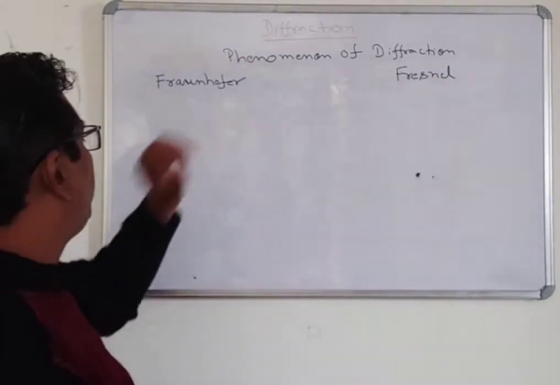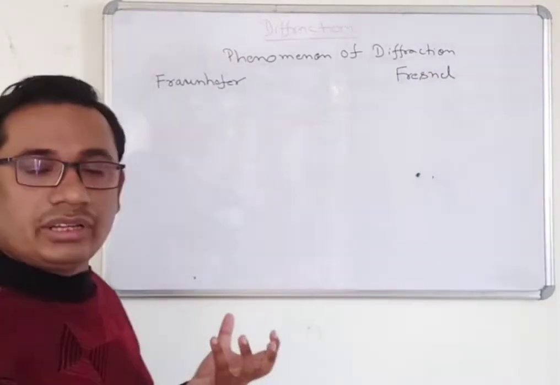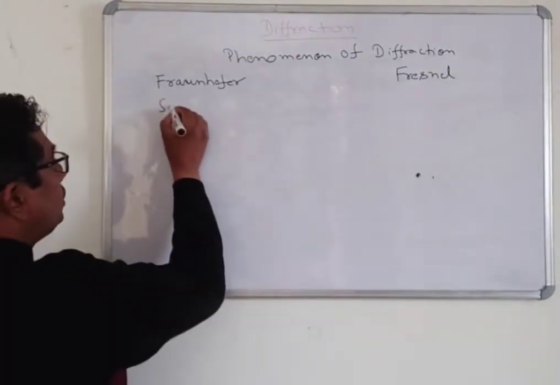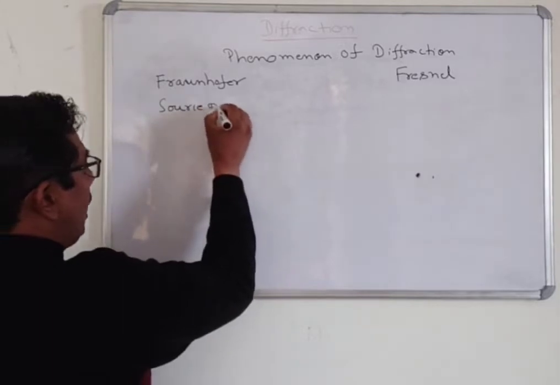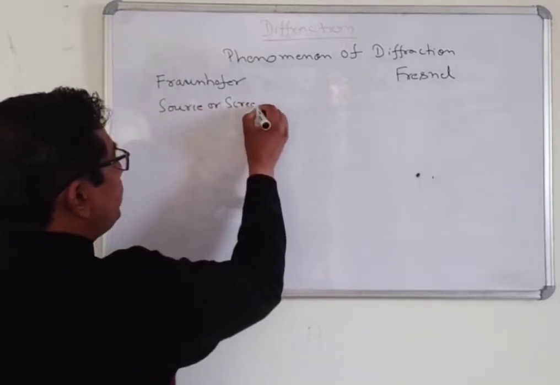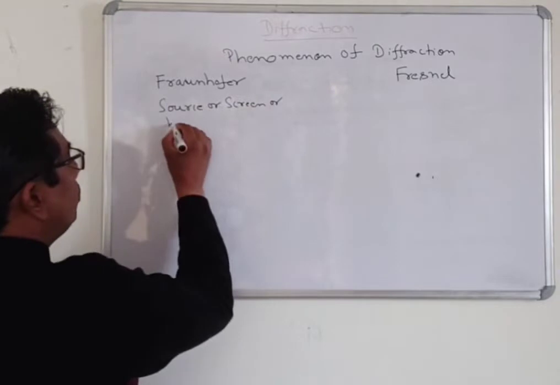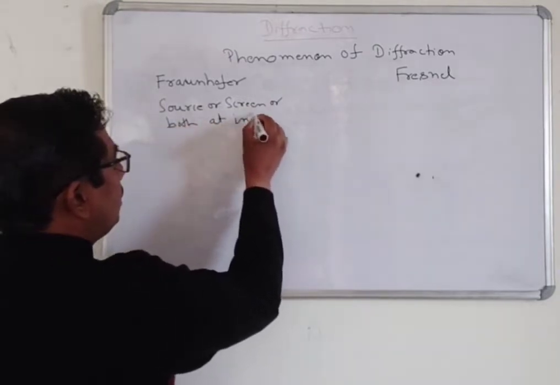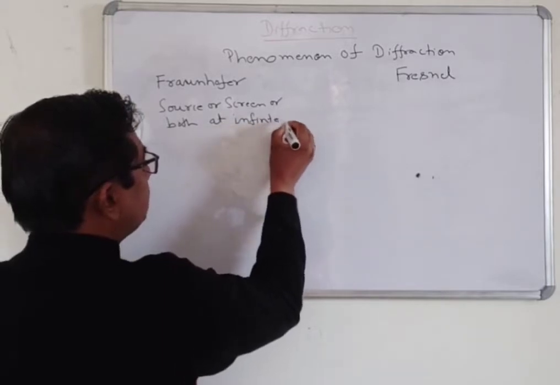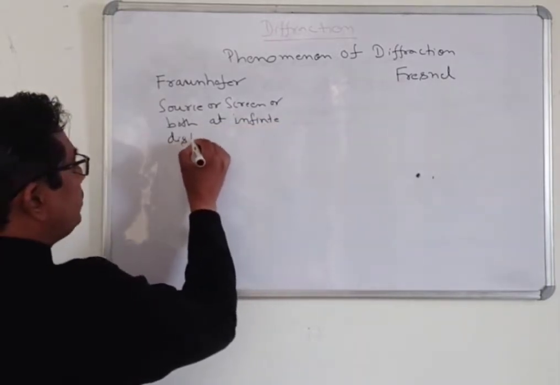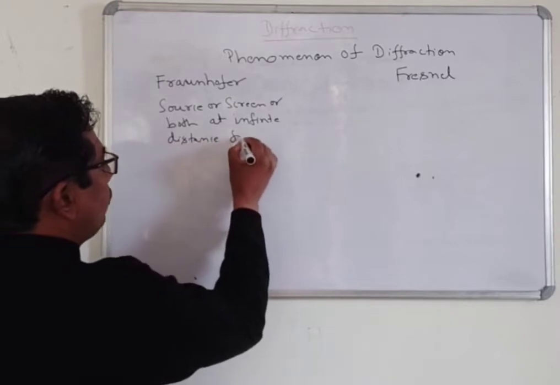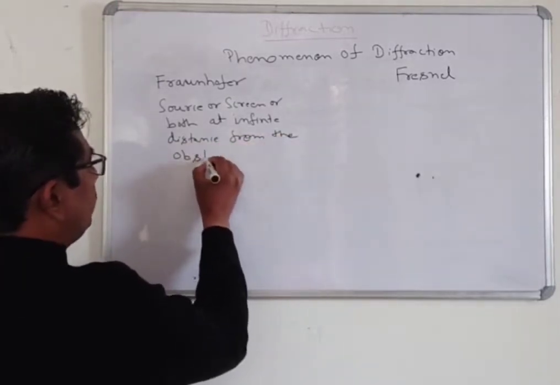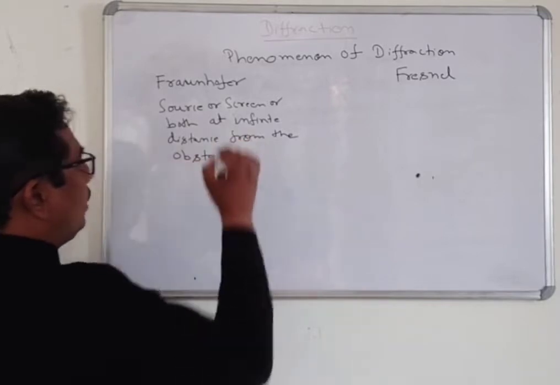In the case of the Fraunhofer, the arrangement is like that: the source and screen are both at infinite distance from the obstacle.